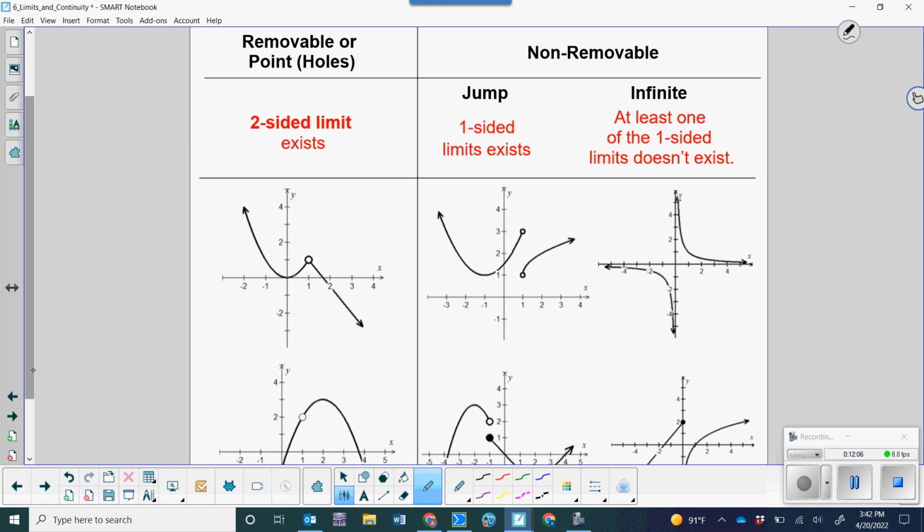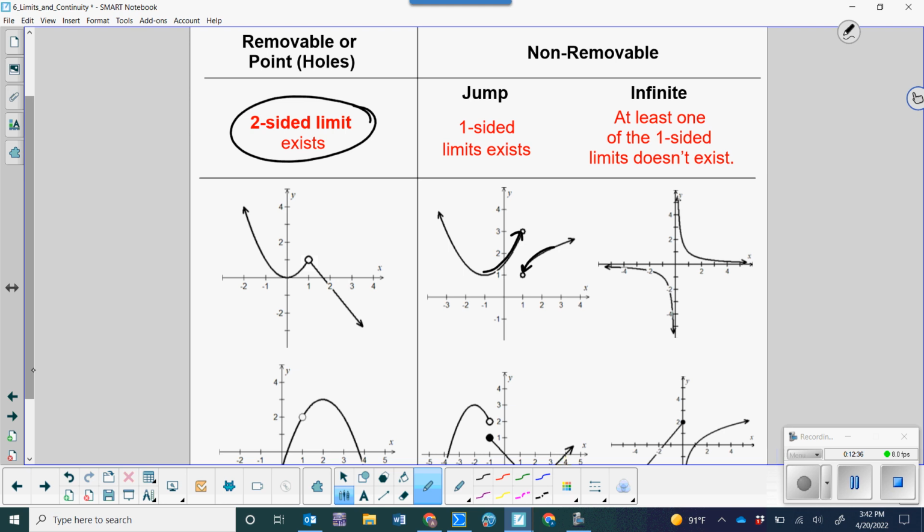So removable discontinuities, you have a limit, okay? You have a hole in the graph. The limit from the left and right exists, and they have a value, but there just isn't a function value there. A non-removable is you're going to have one-sided limits that exist, and maybe both of them, but the limit exists from the left, the limit exists from the right, but the main overall limit does not exist because they are going two different ways.